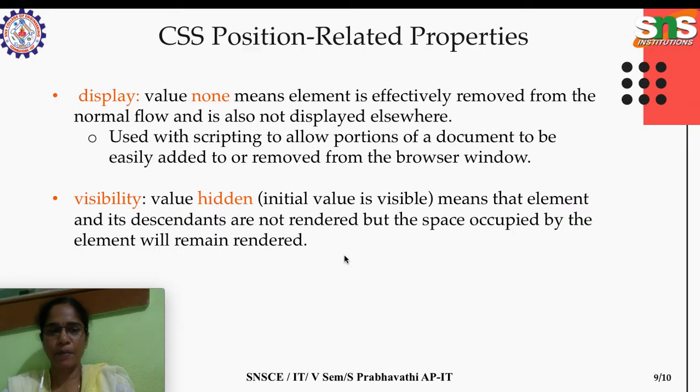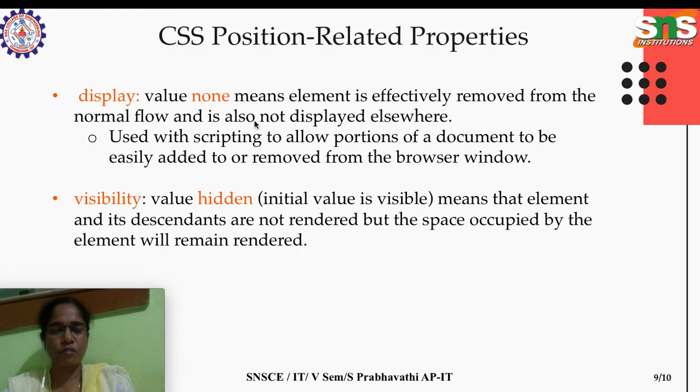Apart from that, there are two more properties we need to get to know. One is display, which we have seen already. It takes values like display block and display inline. Apart from that, it takes one more value, none. The value none means that the element is effectively removed from the normal flow and is not displayed anywhere else.